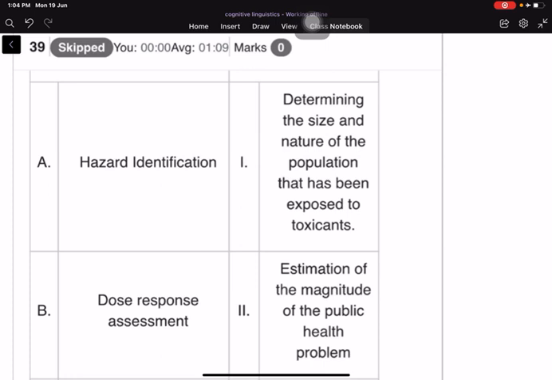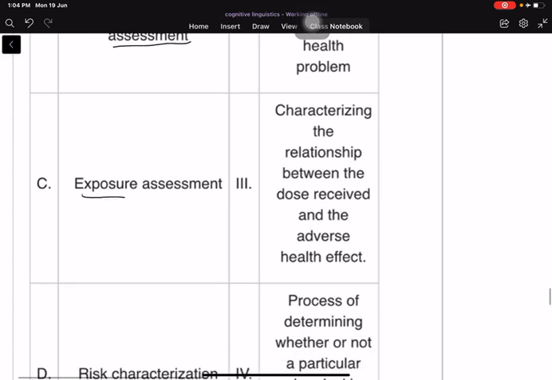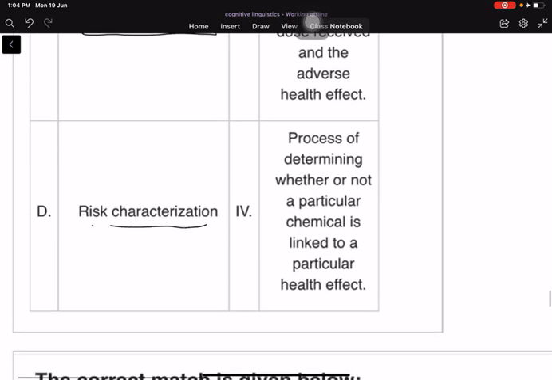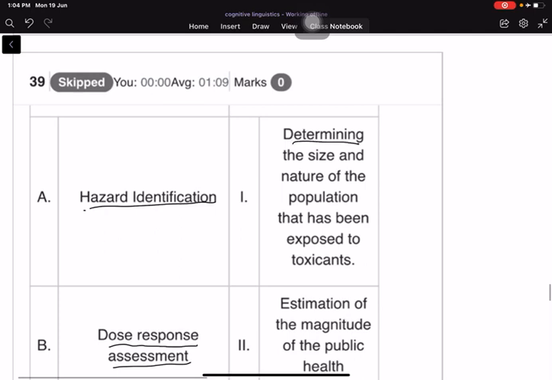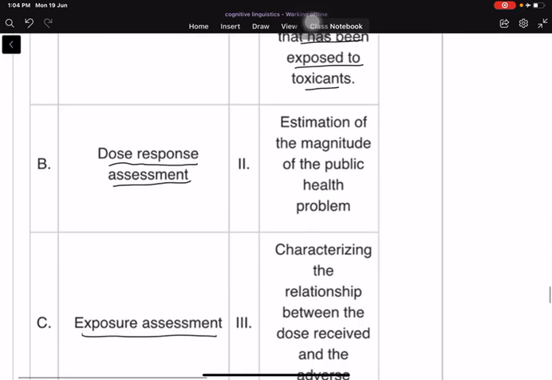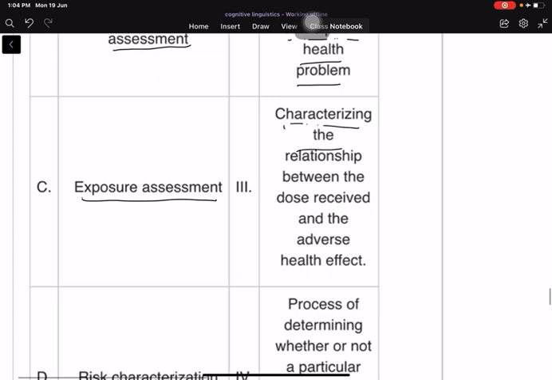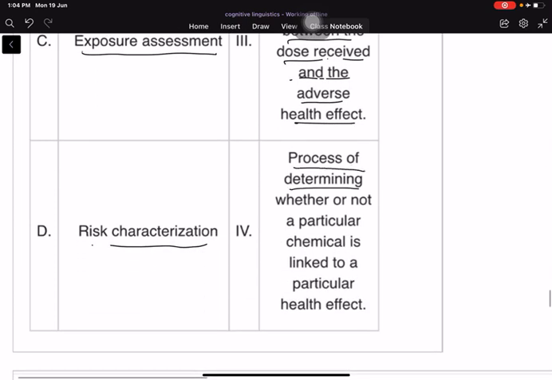Okay, now hazard identification, dose response assessment, exposure assessment, risk characterization. Now, determining the size and nature of the population that has been exposed to toxicants, estimation of the magnitude of public health problem, characterizing the relationship between the dose received and adverse health effect, and process of determining whether or not a particular chemical is linked to a particular health effect.